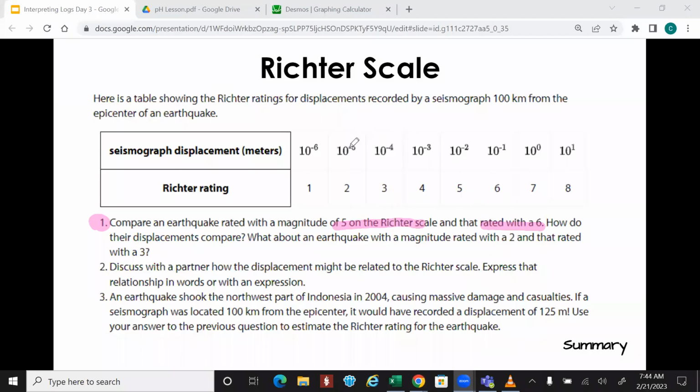All right, so how does a 5 compare with a 6? Look, it says 5 on the Richter scale. 5's right here, and then 6 is right here. So how do you compare these two displacements? What's the difference?